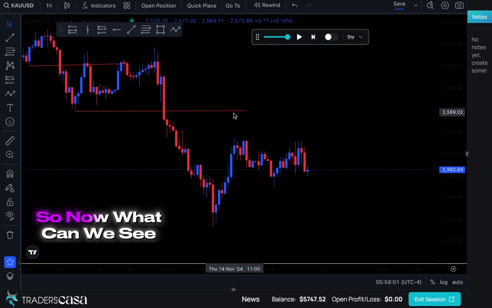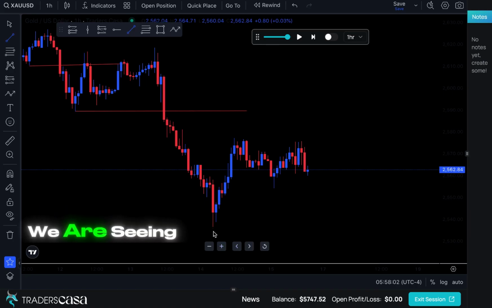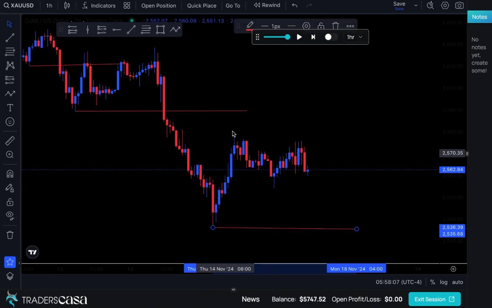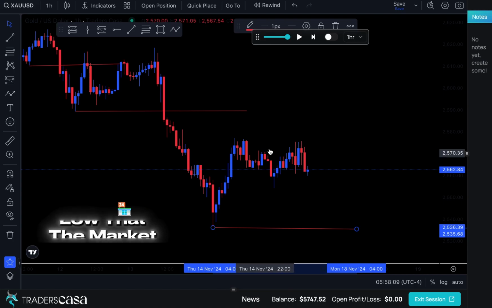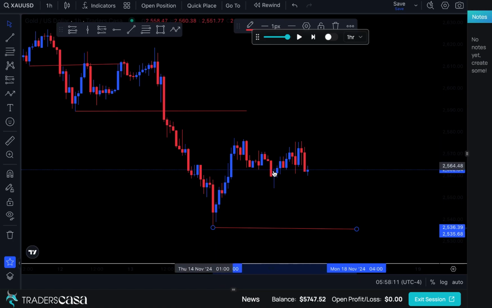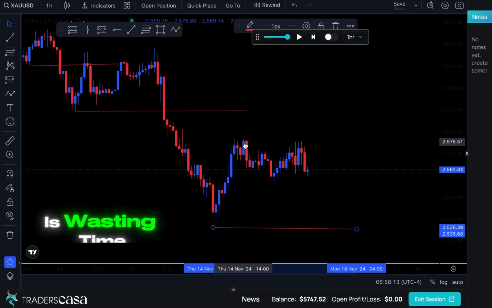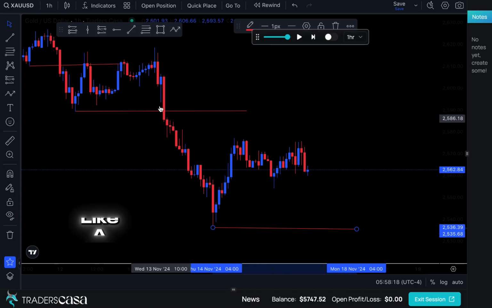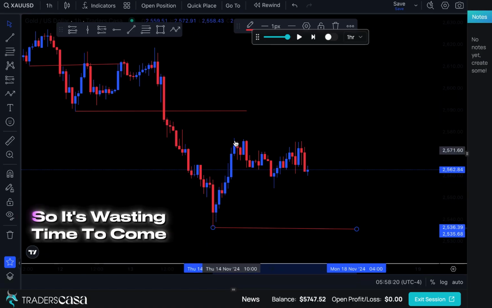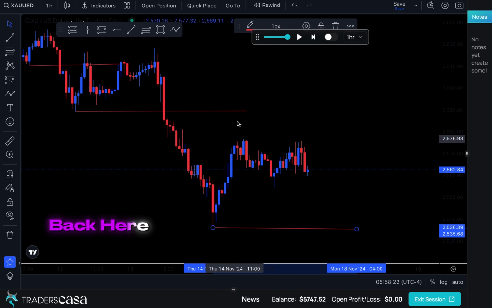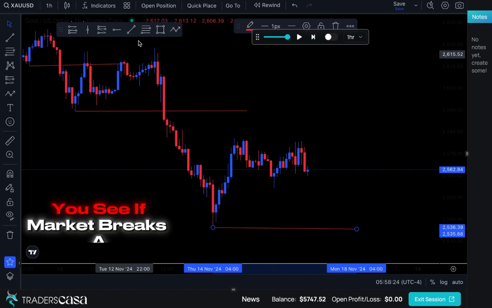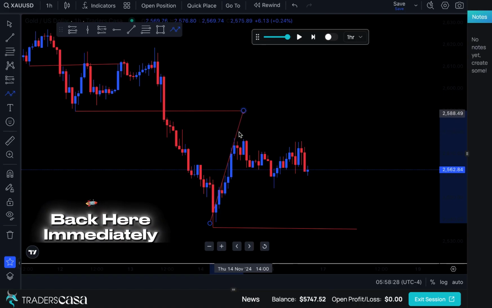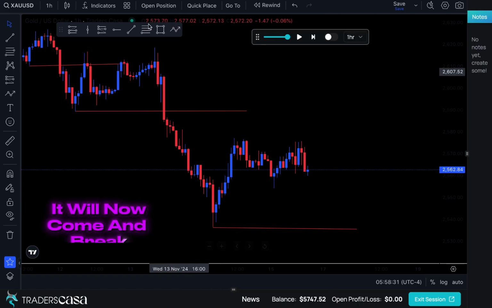So now what can we see currently? We are seeing that the market is actually wasting time to come to this zone. This was the last low that the market actually made. After making this low, it's wasting time to come back here. You can see all this mess happening right here, right? This is like a consolidation. So it's wasting time to come back here. If you look at our past trade, you see if market breaks a structure, it comes back. If it doesn't come back here immediately, it will now come and break another structure.